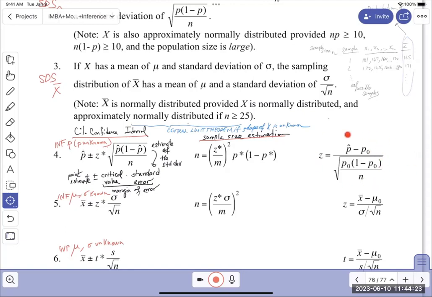So what are we staring at here? What do you recognize here? What is this? Let's be comfortable with these formulas. What do you recognize? Let's dig into this.